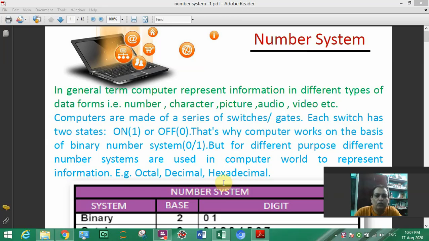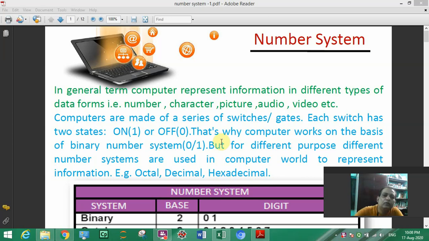So computer works on this particular concept. For this concept we need to know what is this 0, 1 and how computer stores different types of data in the form of 0 and 1. So number system is here.